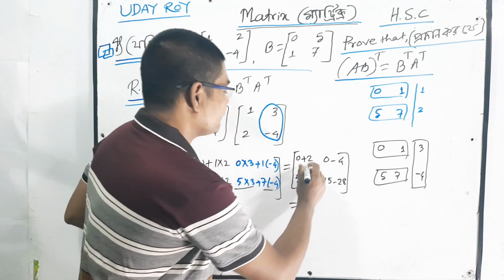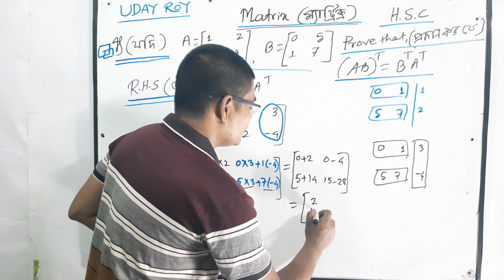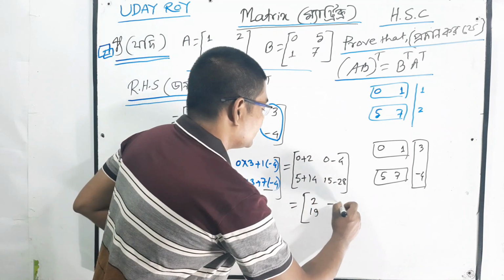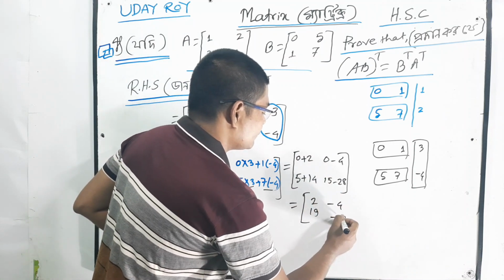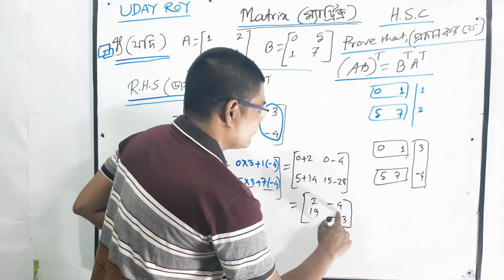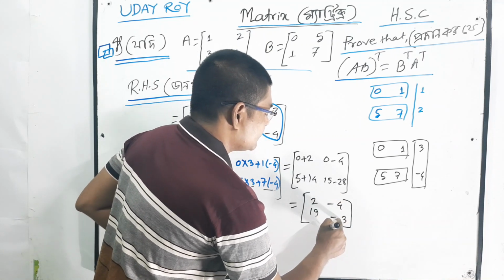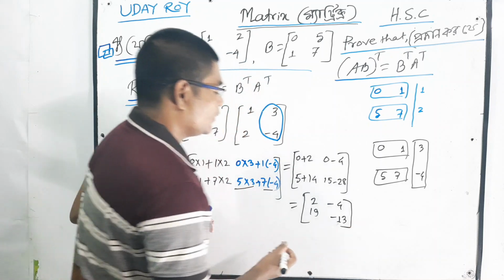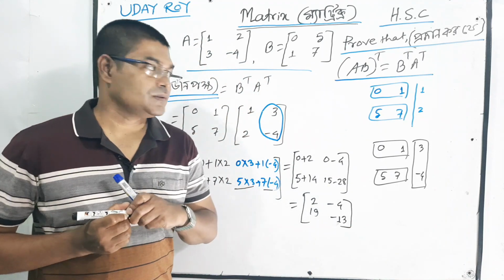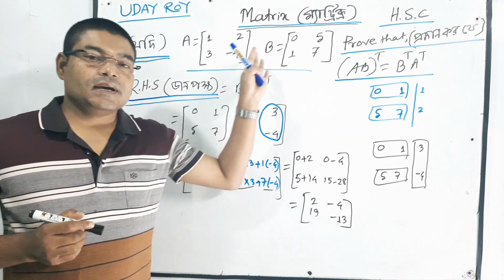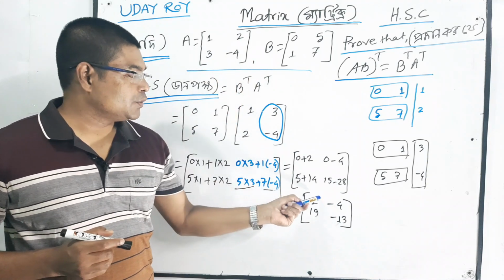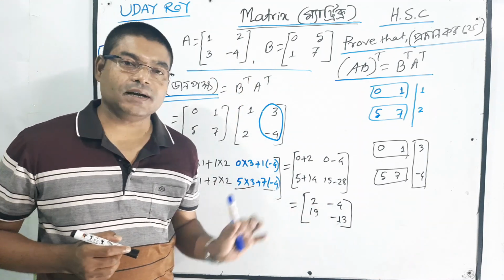We will get 2, here is 19, here is minus 4, and here we will get 28 minus 15, we will get 13. So we have got left hand side 2 and 19, minus 4 and 13.